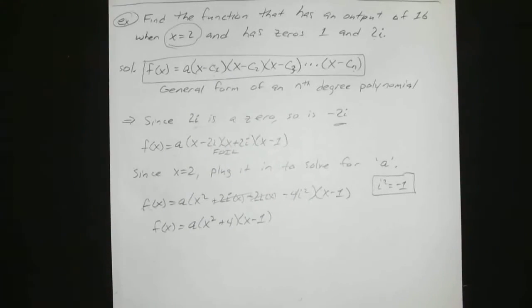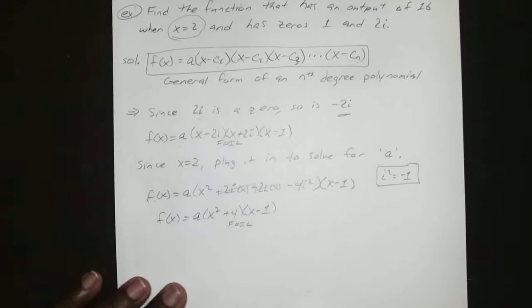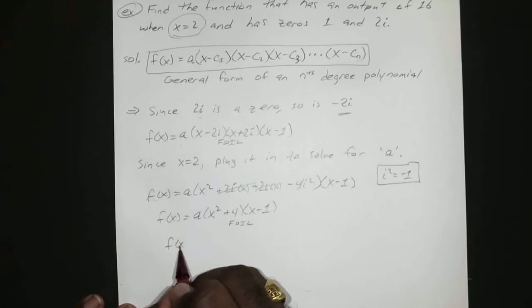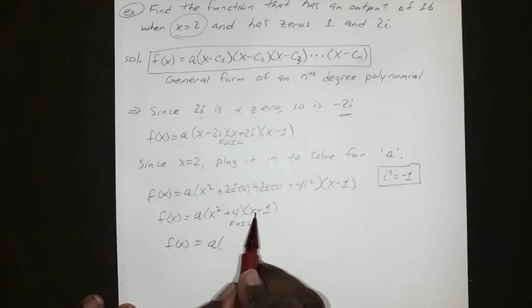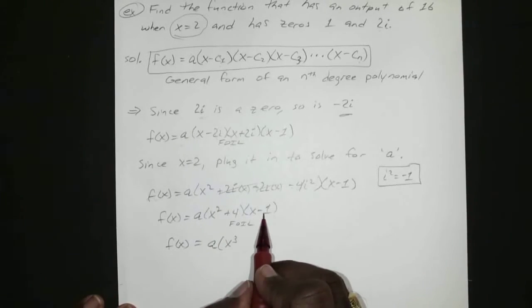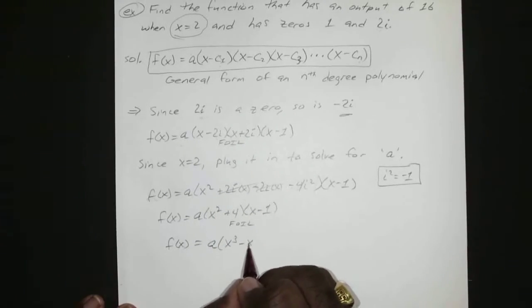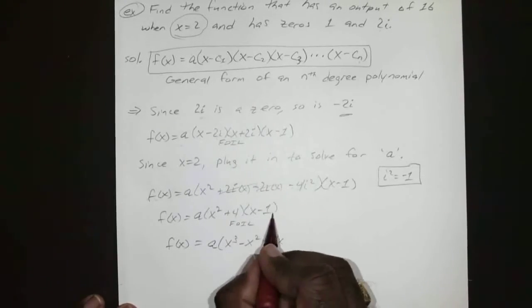And then from there, we can just use the FOIL method again. So f of x equals a times x squared times x is x to the third. Your outer is negative x squared. Your inner is 4x. And your last is negative 4.